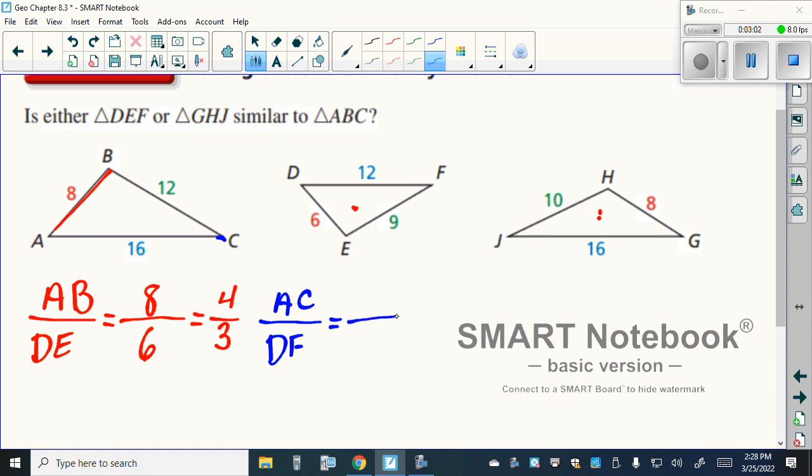Now what that would give us is 16 over 12, and 16 over 12 would reduce to 4/3, because 16 and 12 both have a common factor of 4. So that looks good so far because we have two that are the same, because both of these do scale down to 4/3.